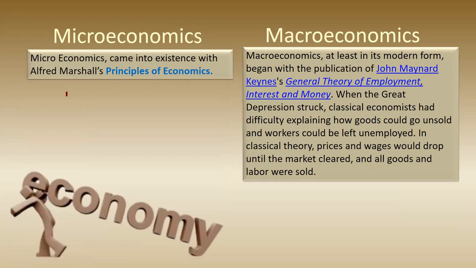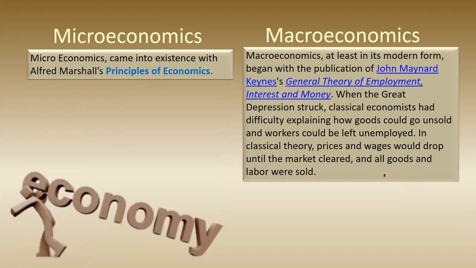Alfred Marshall wrote a book, Principles of Economics, in which he gave more importance to microeconomics. Whereas in macroeconomics, John Maynard Keynes wrote a book, General Theory of Employment, Interest and Money. In that book, he gave more importance to macroeconomics.